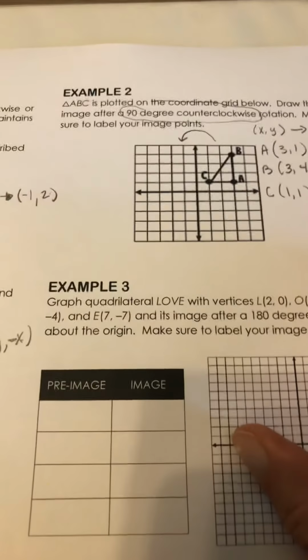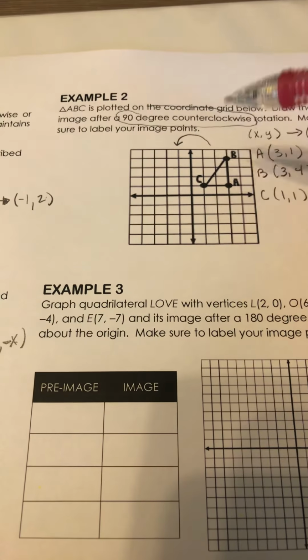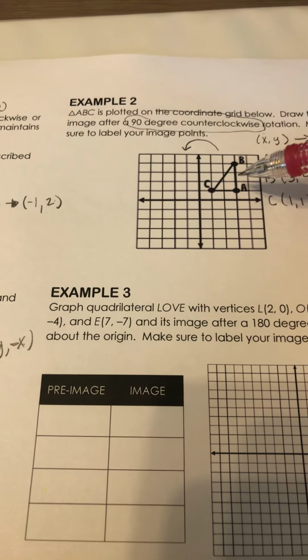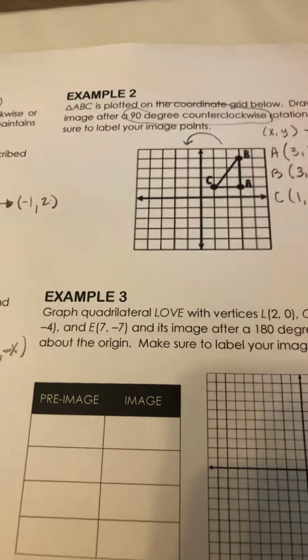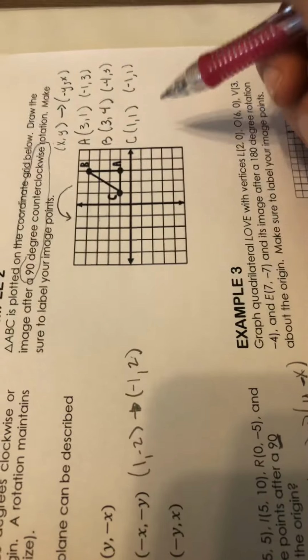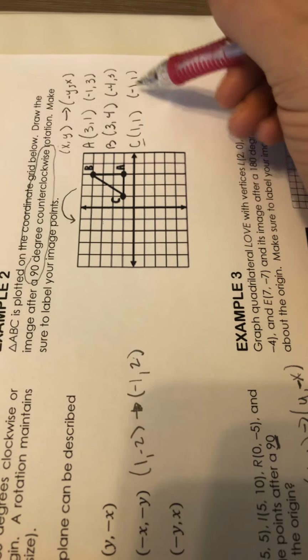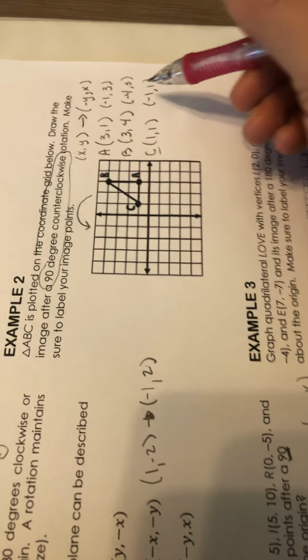Now, the reason that works, and I'm going to show you why in a second, is because we have our coordinate grid here. If I take my paper and rotate it, I just did a 90-degree counterclockwise turn. So we can see sideways here that C prime is going to be at negative 1, 1.